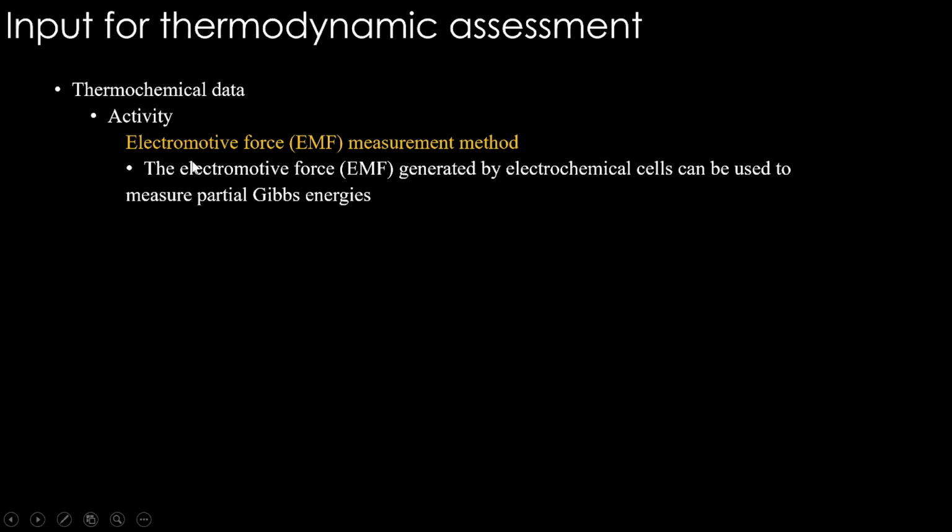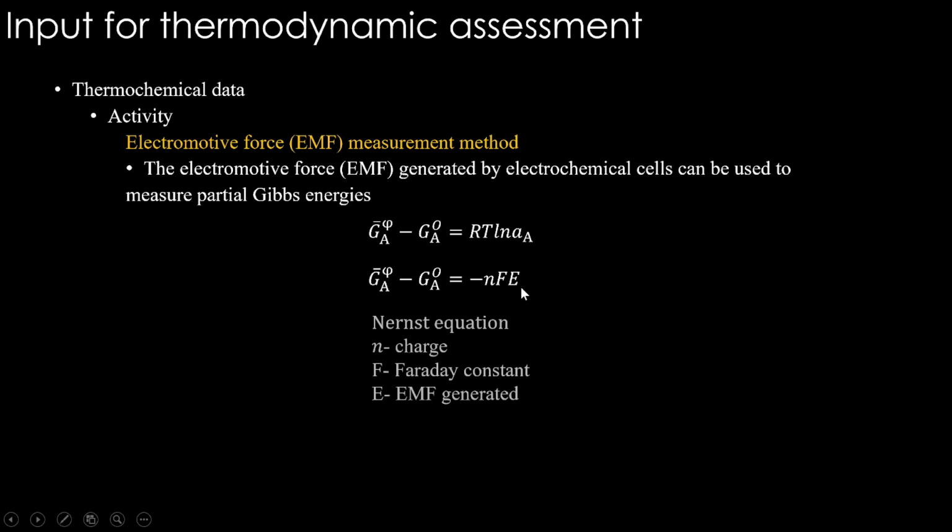Then we have this electromotive force measurement method. The electromotive force EMF generated by electrochemical cells can be used to measure partial Gibbs energies. It is like this. We have seen this equation before, and this part is equal to minus nFE, where n is the charge, F is Faraday constant, and E is the EMF generated.